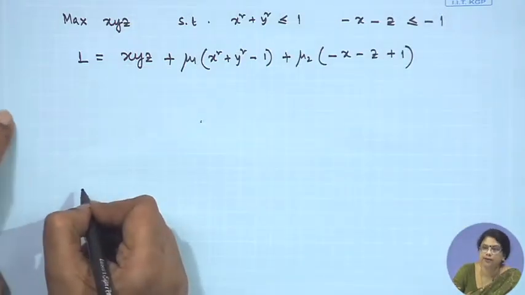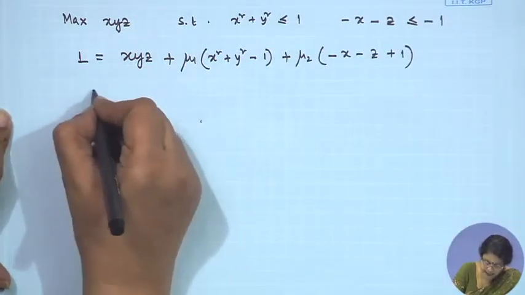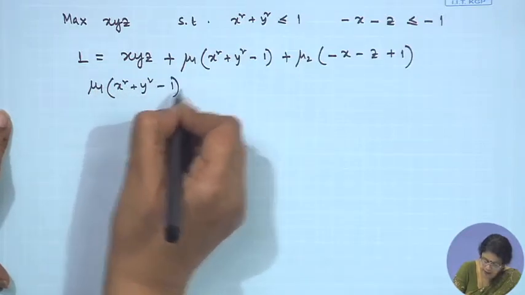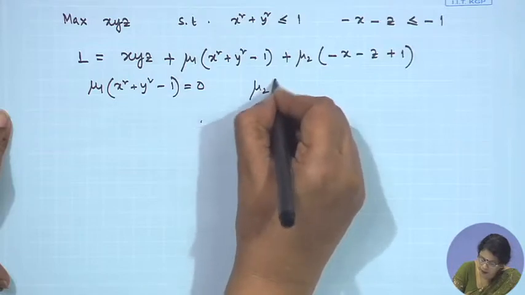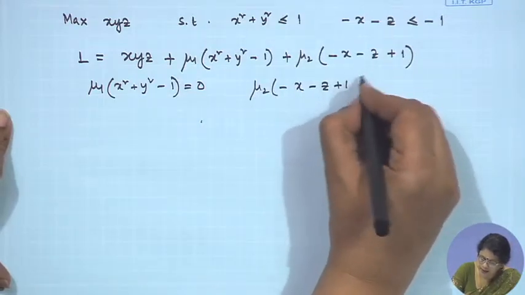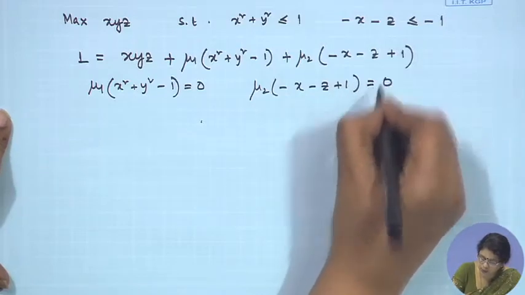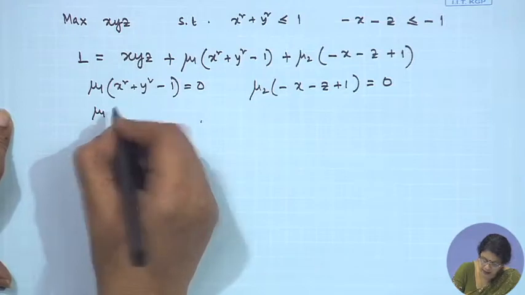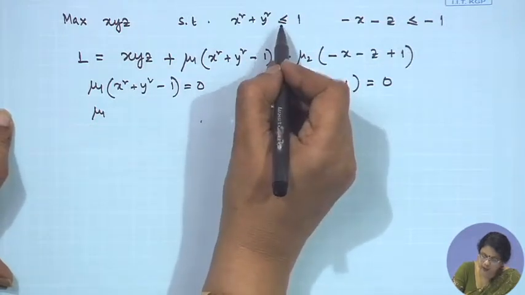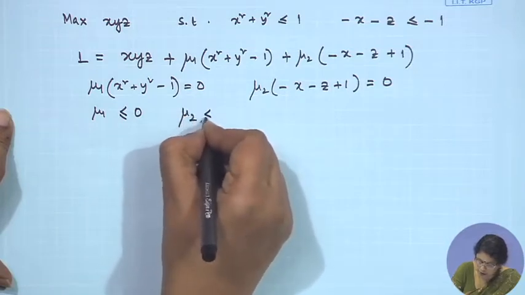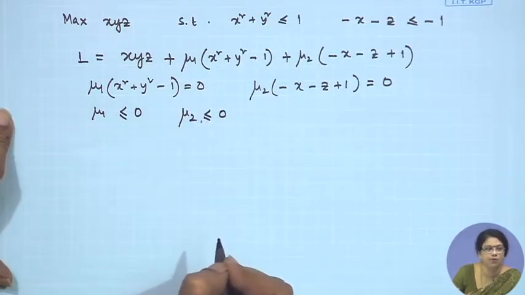All right. What else we can say? We can say mu 1 times (x square plus y square minus 1) is equal to 0, mu 2 times (minus x minus z plus 1) is equal to 0. We can say, since it is a maximization type with less than or equal to constraints, mu 1 must be less than or equal to 0, mu 2 must be less than or equal to 0, we know.